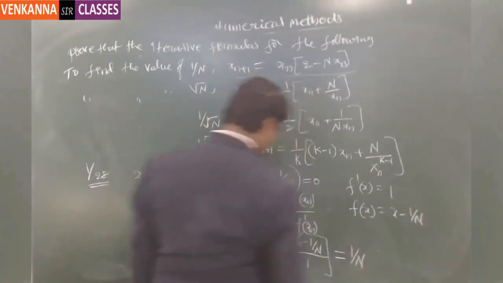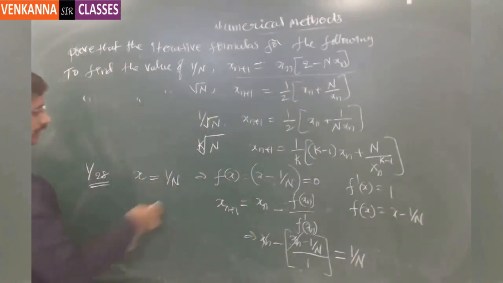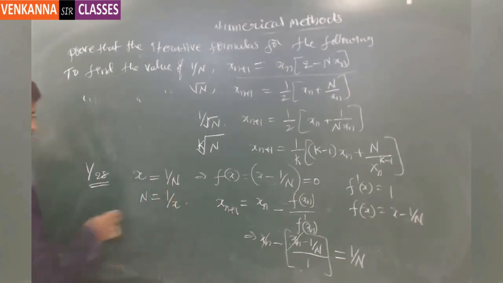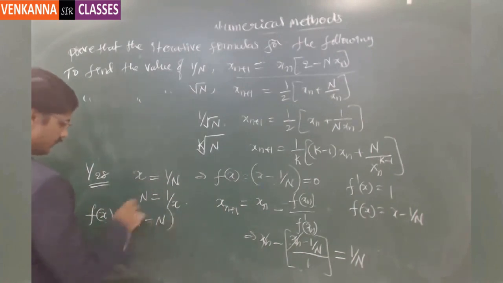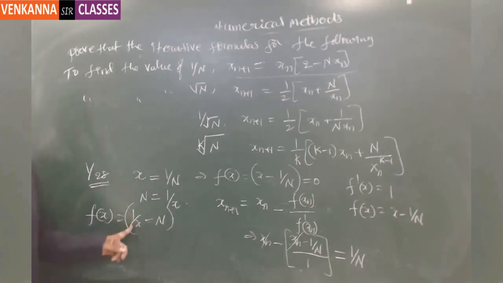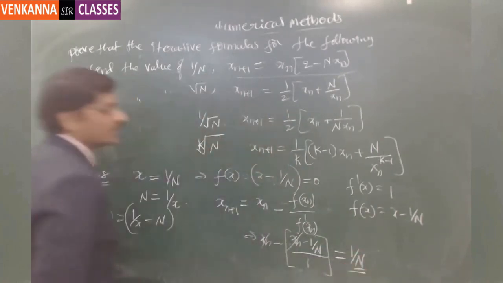But rather than this, if you try to approximate this function in a different manner, that is x equal to 1 by n, or n equal to 1 by x, this can be written as f of x is equal to 1 by x minus n. This way you can get a different value, because you are putting this as 1 by x rather than x. Here you are landing at the same value where you cannot get the solution.